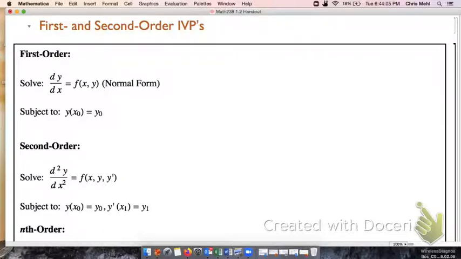When you have the first derivative in terms of a function of x and y, that would be a first order differential equation. So dy/dx, or y prime, is the highest order derivative that appears, and the right hand side of the differential equation would just be some function of x and y.